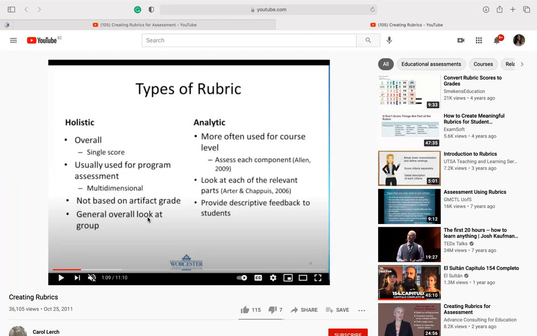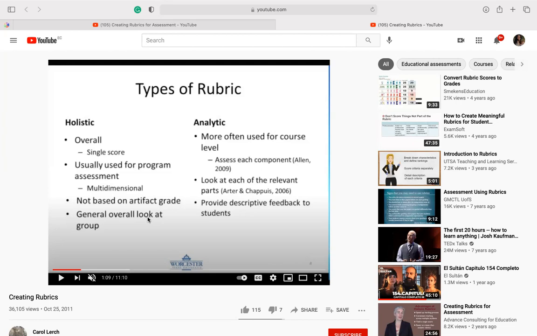Well, as we can see in holistic, we have a kind of rubric, a kind of general rubric, because here, so the how can I say, the parameters, yes, the descriptions, parameters. Description of a holistic rubric is, for example, here we can see usually used for program assessment.